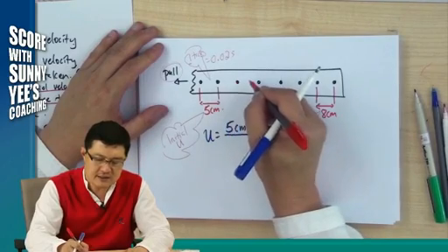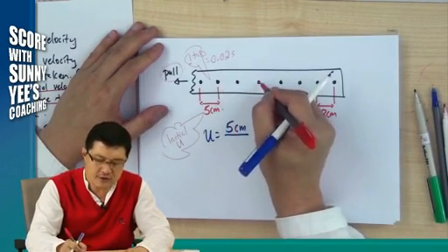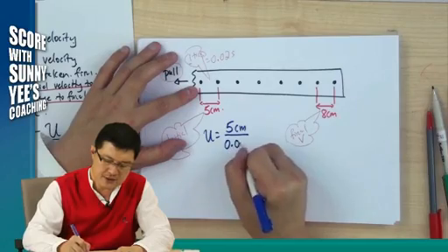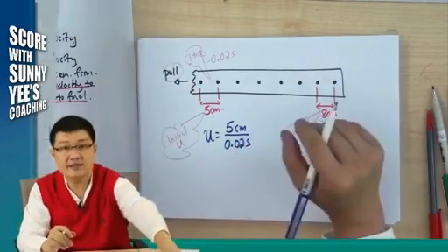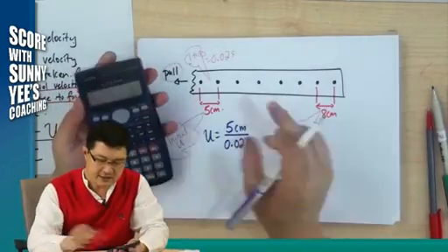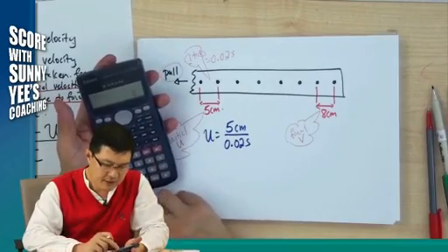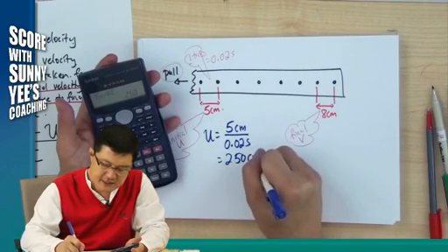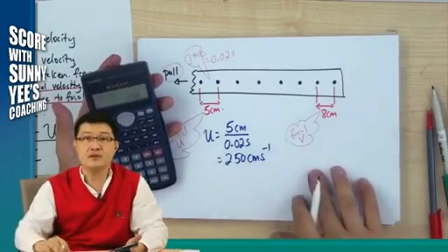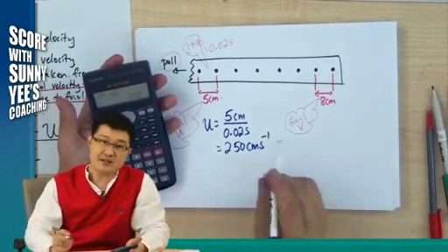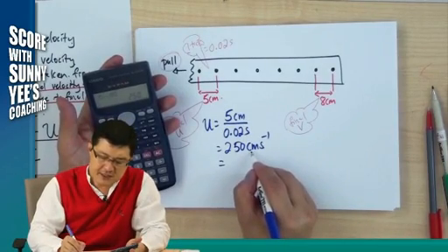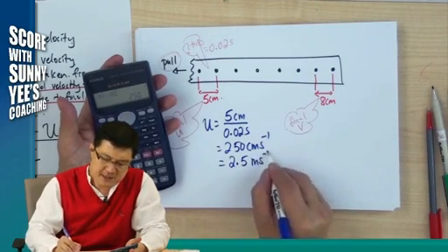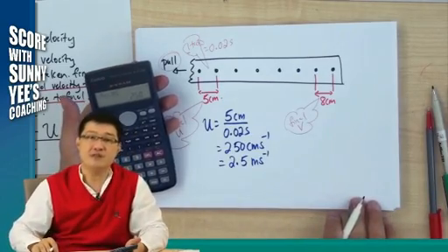This is a dot. Okay? So one tick is 0.02 second. So now I divide. This is in centimeter, so 5 divided by 0.02 will give you 250 centimeter per second. Now, in the SI unit, the distance must be in meter, so you divide by 100. This is 2.5 meter per second. So this is your initial velocity.